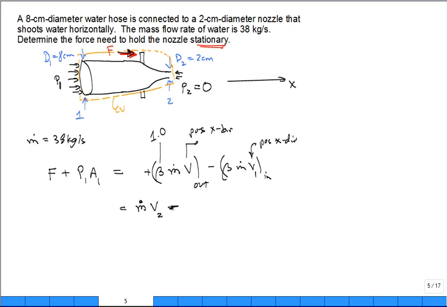So we'll pick up minus m dot v1. M dot 1 is equal to m dot 2, so I don't have a subscript on the m dots. So at this point, what we want to do is we want to find F. So do this.